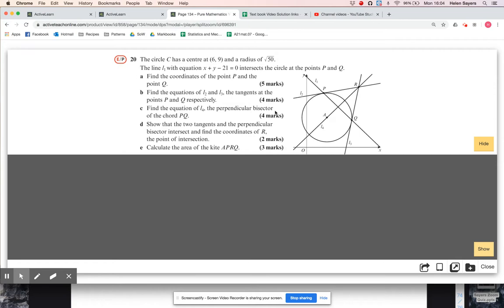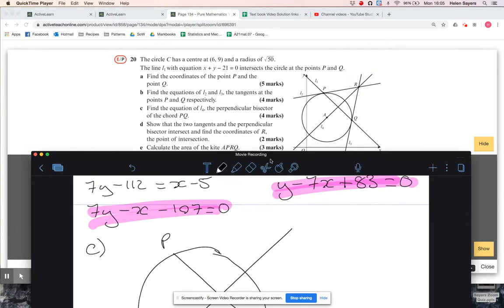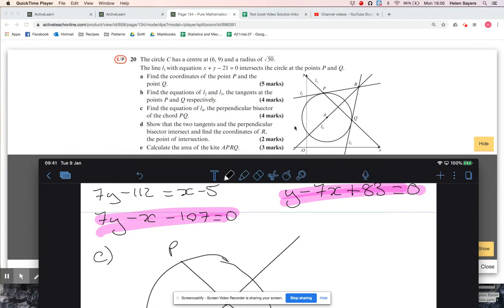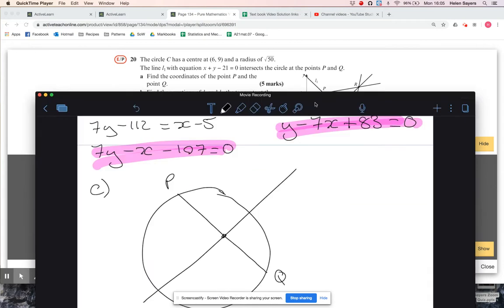Line 1 is the perpendicular bisector, and if it is bisecting a chord, it looks like it goes through the centre, but it doesn't actually specifically say it does, I don't think. Did they mention A anywhere? Oh, there we go. Well, let's worry about part E when we get onto part E. But yes, if we're bisecting a chord, we will be going through the centre of the circle.